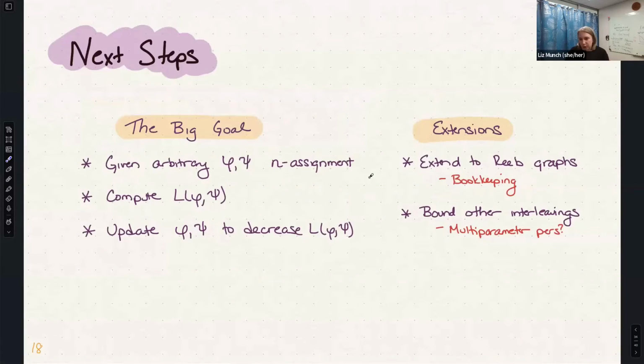So the big goal version of this that we're currently working on is the following. You give me some arbitrary phi and psi N assignment starting case. I can compute this loss function. Sorry, those should be the basis versions, but whatever.